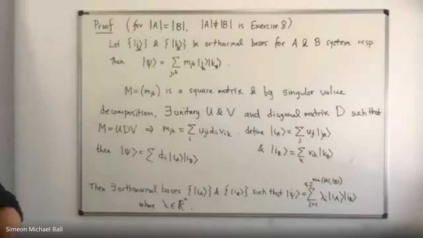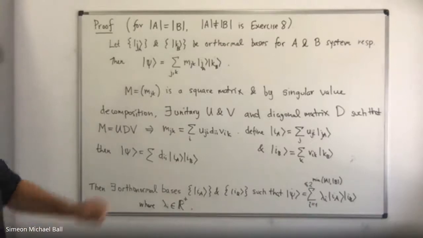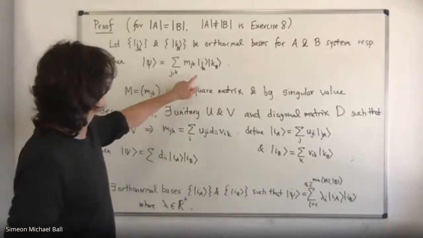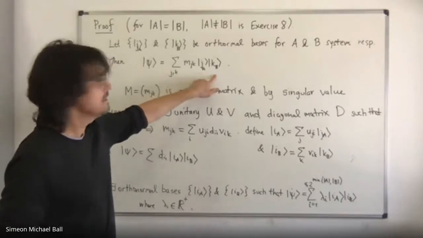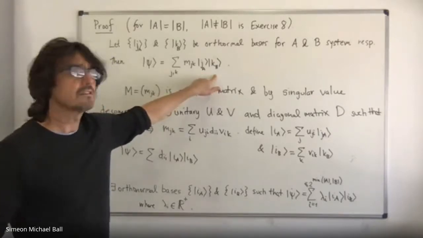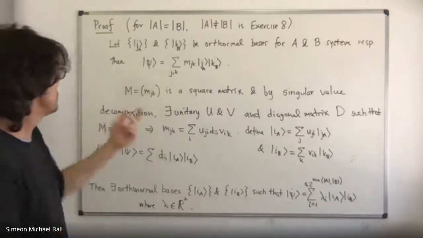Could you apply SVD to the map directly without going through M, or no? Yeah, I did think about that. I don't think so. In a sense, you need to fix a basis, right? You need to fix bases. And I don't think there's a way, because you need to get to a matrix.